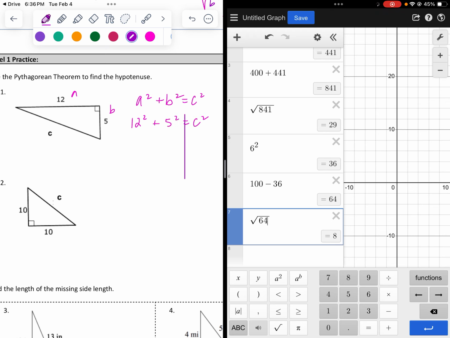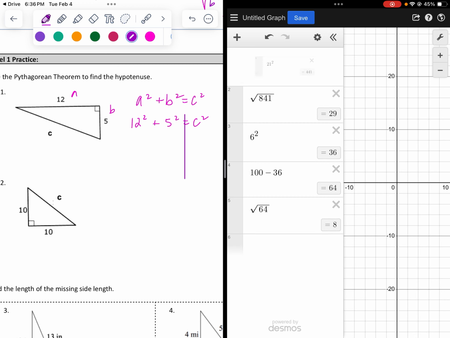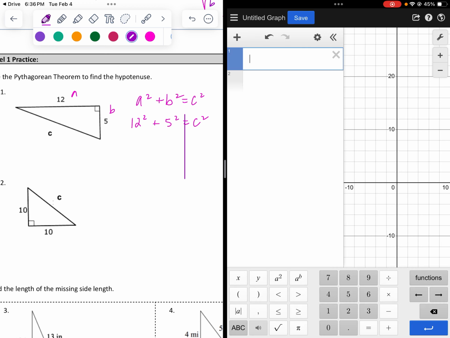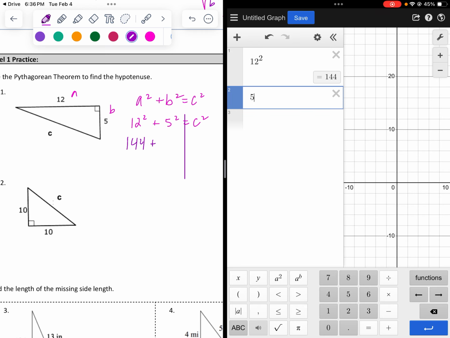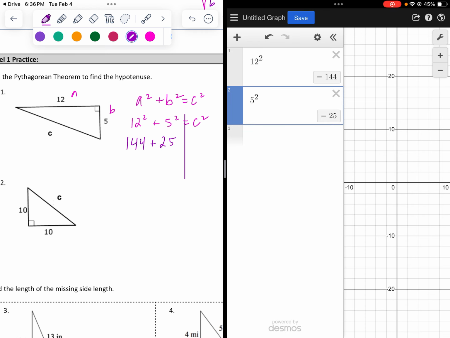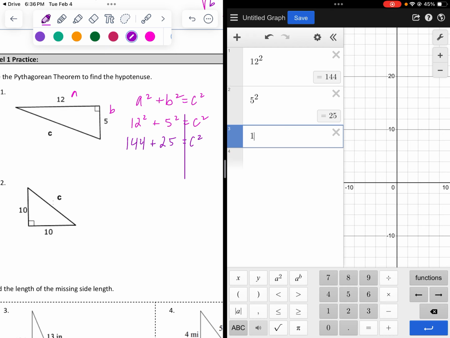I'm going to solve for c. If I go to my calculator, I have 12 squared, which is 144, plus 5 squared is 25. That's going to equal c squared, right? Then I'm going to add 144 plus 25.